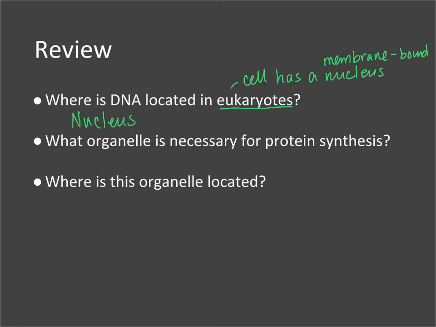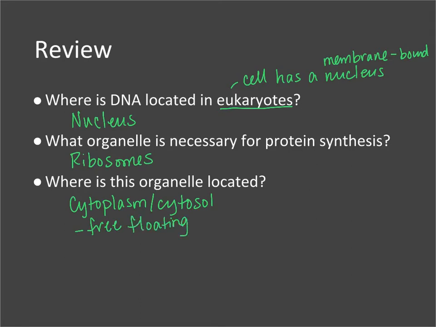Now, the organelle that's necessary for protein synthesis to occur are the ribosomes. And remember that the ribosomes are going to be located in the cytoplasm, or you could say the cytosol. Now, they may be free-floating in the cytoplasm, or they may be attached to the rough ER, which is the rough endoplasmic reticulum.